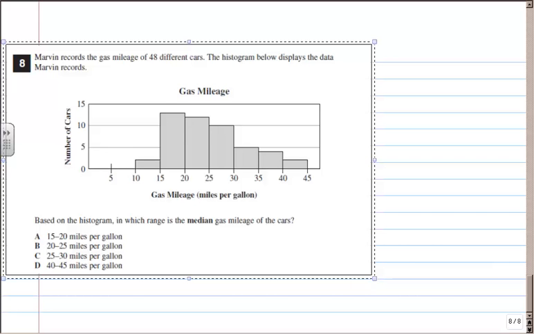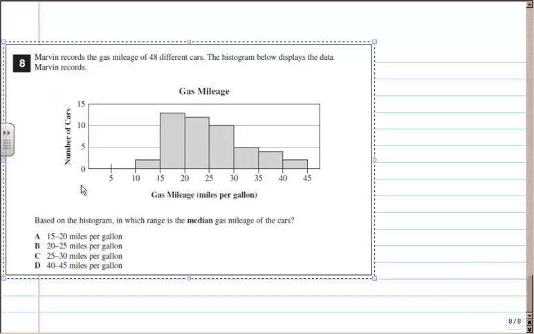Problem number 8. Marvin records the gas mileage of 48 different cars. The histogram below displays the data Marvin records. English is not my first language, so sometimes I'm having problems in the way I'm pronouncing words. Anyway, you guys understand that.